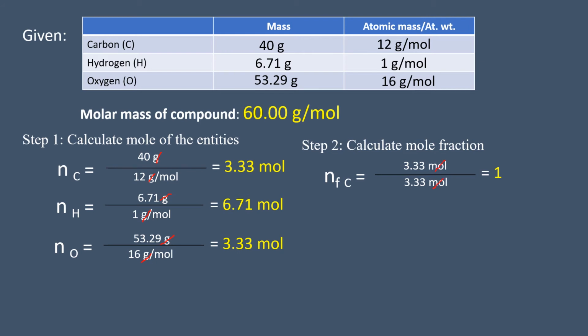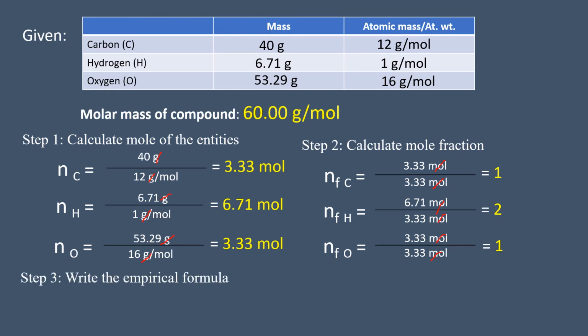You can cancel mole here. For mole fraction hydrogen, we have 6.71 mole divided by the smallest mole of the entities. We have 3.33 mole, so cancel mole again together, and you will get 2. For the mole fraction oxygen, it is equivalent to 3.33 mole divided by 3.33 mole also. Cancel mole and mole. And the mole fraction of oxygen is 1.